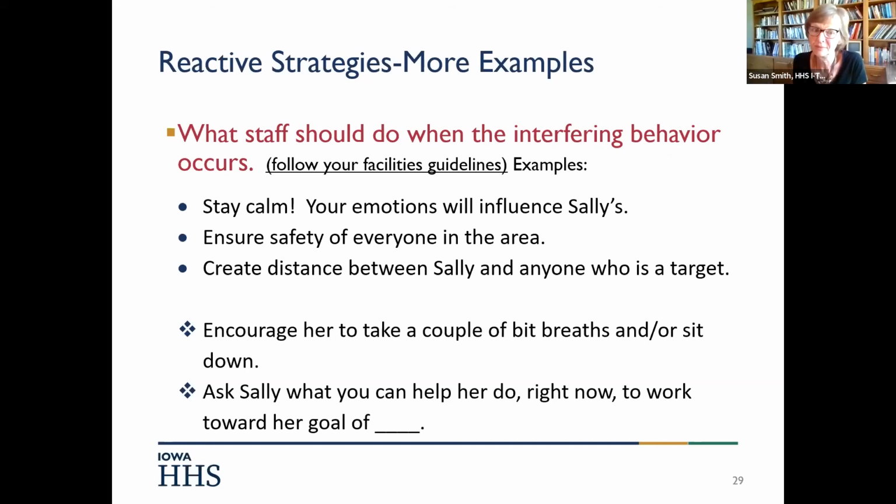But in general, if you are writing for your own facility, it's really important for staff to know to stay calm. Not only their emotions, but also their facial expressions and their body position will influence the person's. So if they look frustrated or have their hands on their hips, or if they look scared, that's going to influence the behavior. If somebody likes to intimidate staff and they like to feel powerful and they want control back, and they find that doing this type of thing makes staff cower, by golly, that's going to promote it.